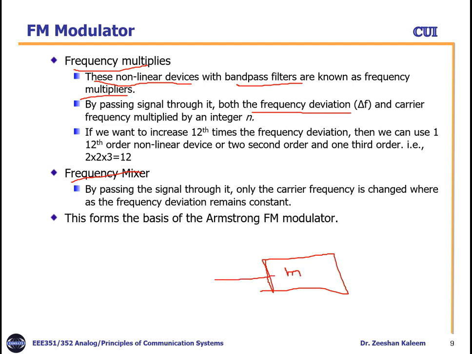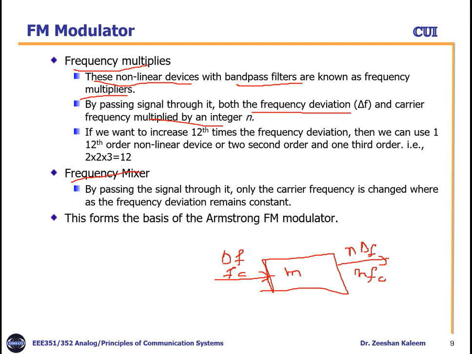When you input a signal with some delta F and some carrier frequency FC, and pass it through this multiplier, it will multiply both to N delta F and NFC. So it changes both the deviation and the carrier frequency by the integer n.